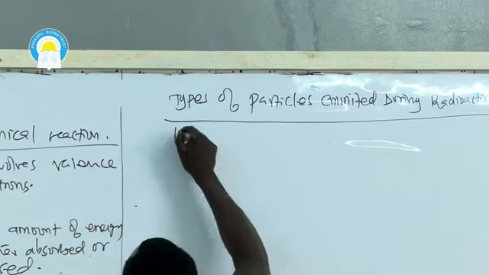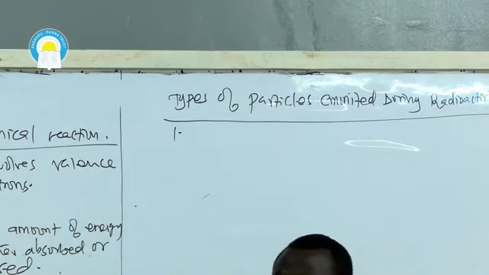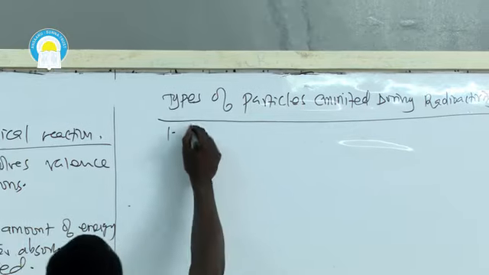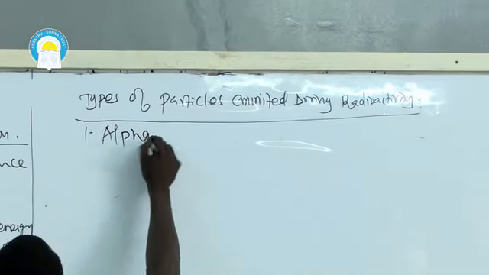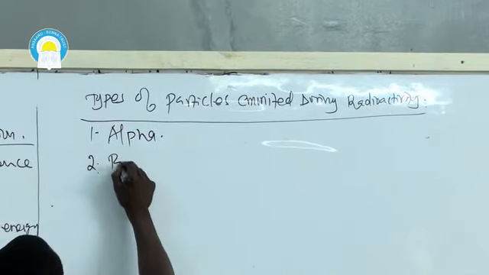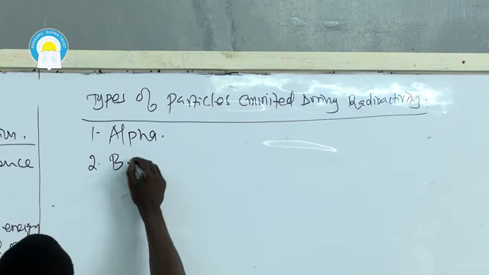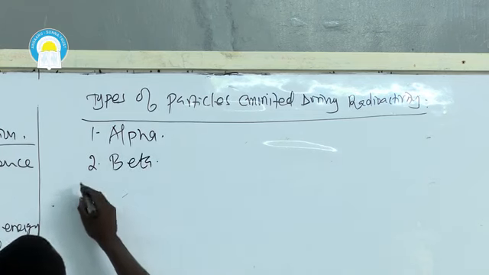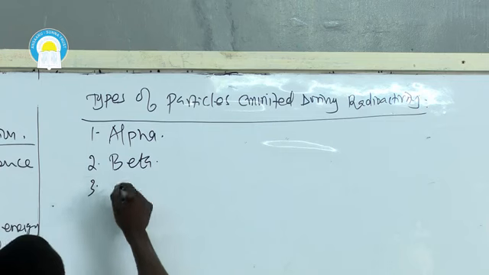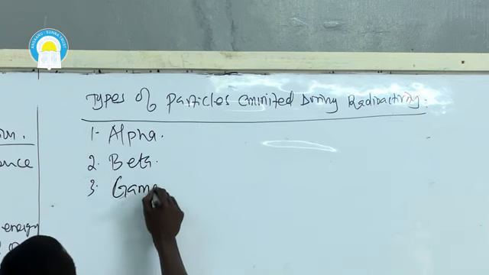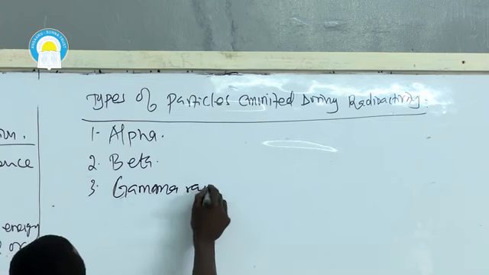So one, we have the alpha particle. Two, we have the beta particle. Three, we have the gamma rays.